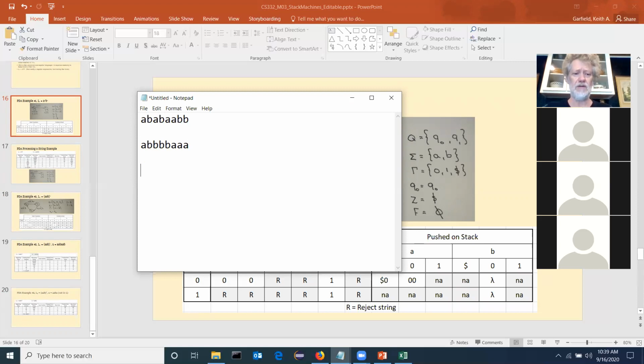That's in the language. This is still in the language, just like it was in the original one. But the idea here is that as long as the number of A's and B's match, it's in the language. By the way, you can't make a regular expression for that, so I won't try.